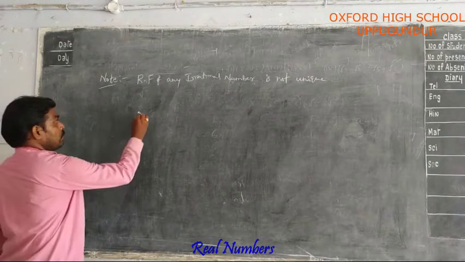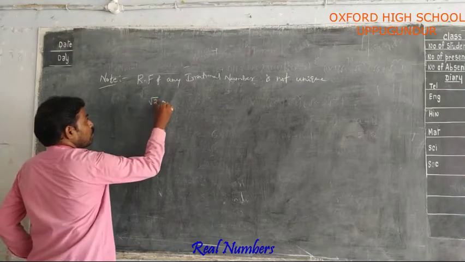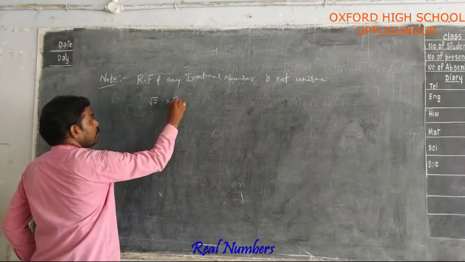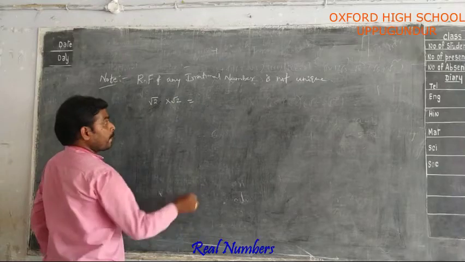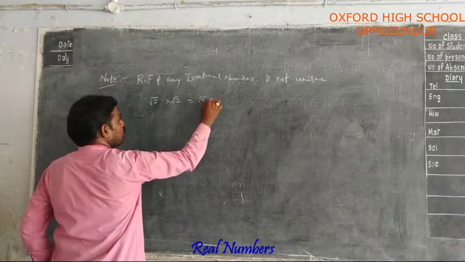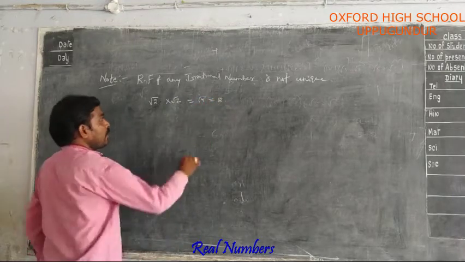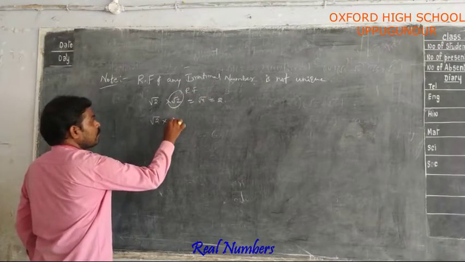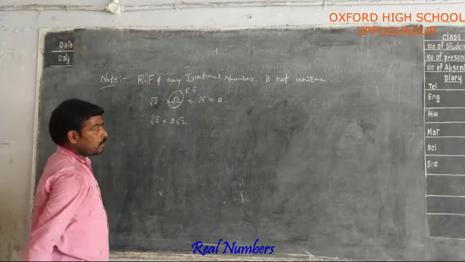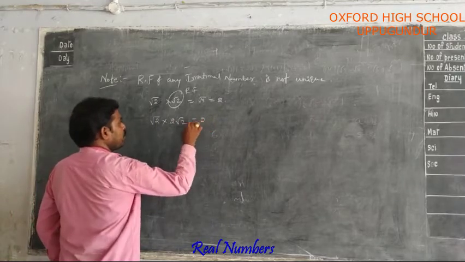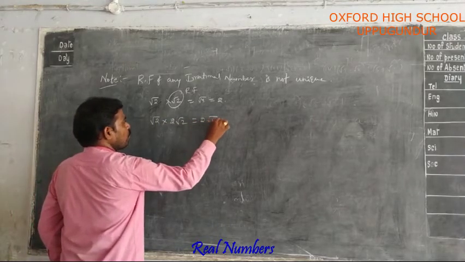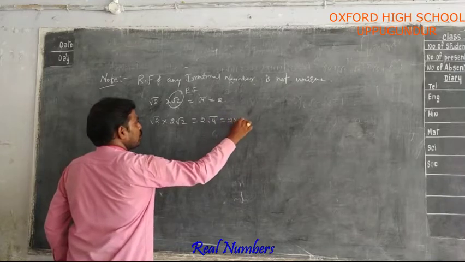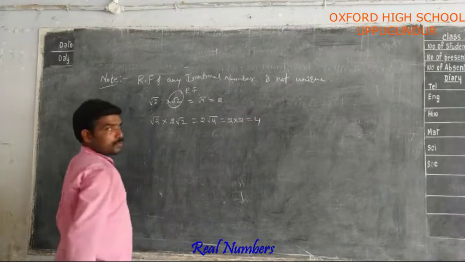Suppose you observe root 2. When you multiply root 2 with root 2, you get root 4, which is equal to 2. Here root 2 is a rationalizing factor. Multiply root 2 with 2 root 2, you get 2 into root 2 into root 2, root 4. Root 4 value is 2, 2 twos are 4.